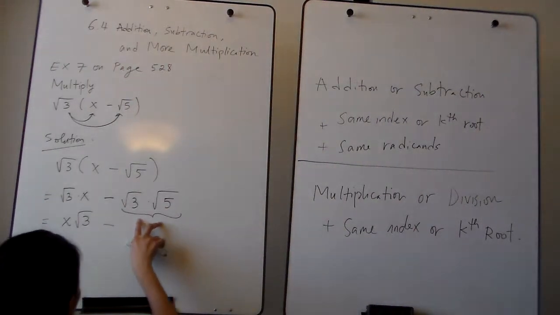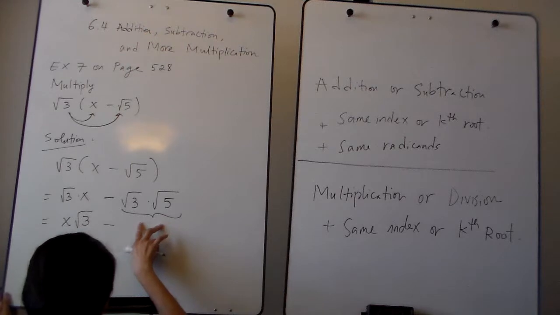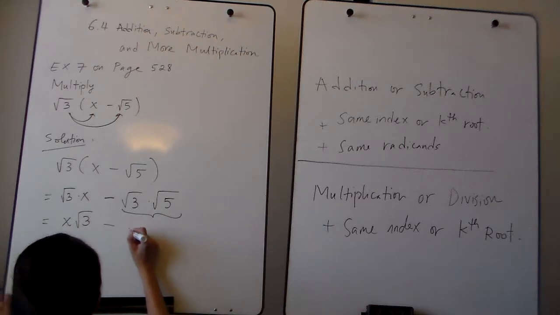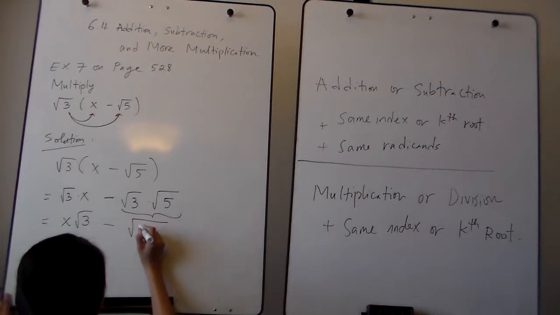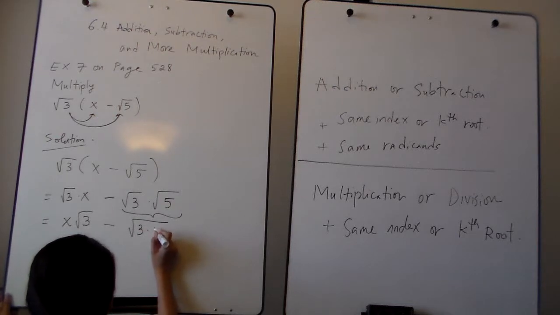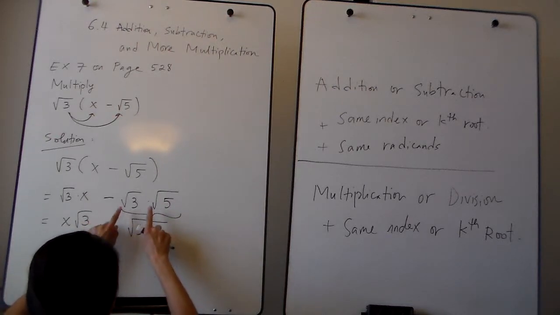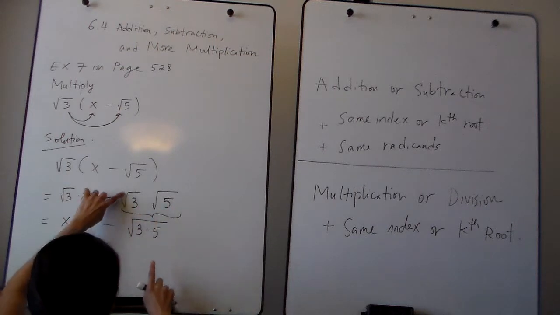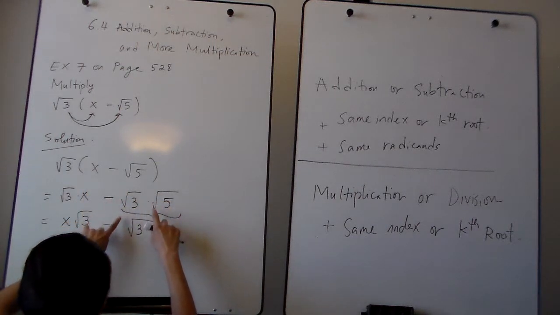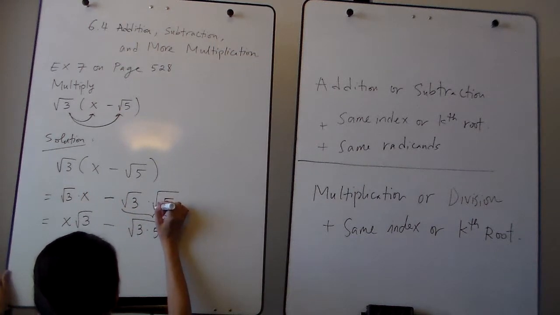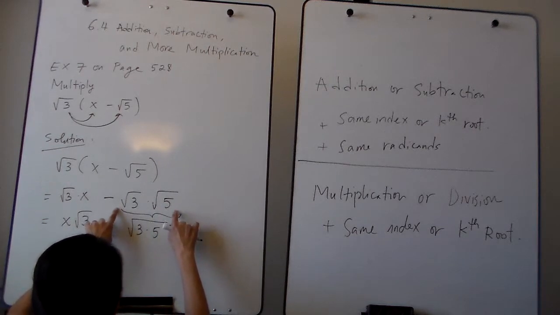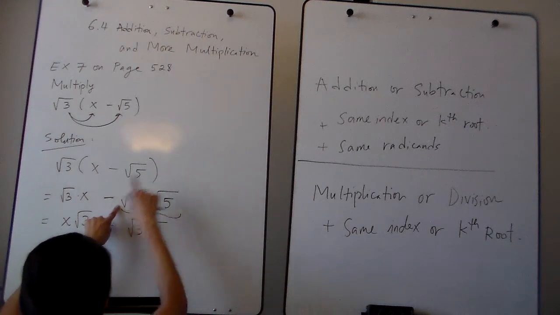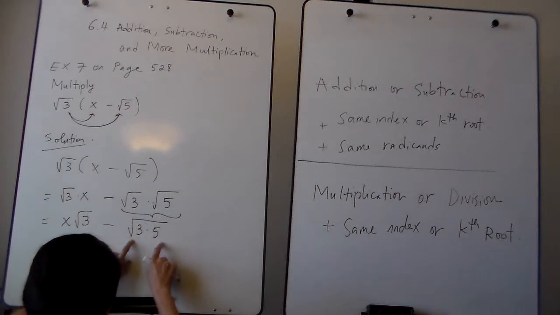Multiplying these, as we learned before, equals square root of 3 times 5. Because both have the same kth root, which is 2, since this is a square root, k equals 2. Since they have the same index, you can combine these two radicals into one radical.